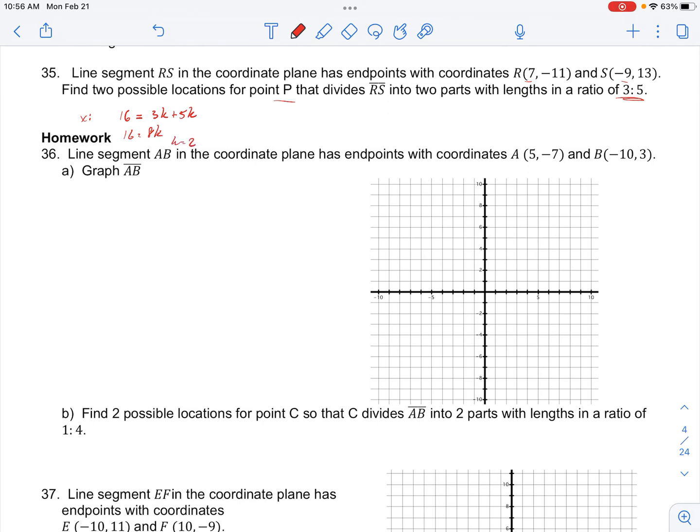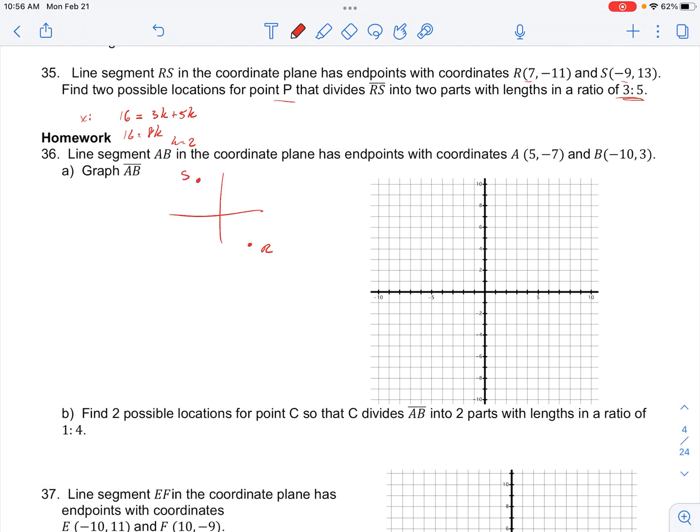Let's say if we draw a graph, R is at 7, negative 11, so somewhere here. S is at negative 9, 13, so somewhere here.